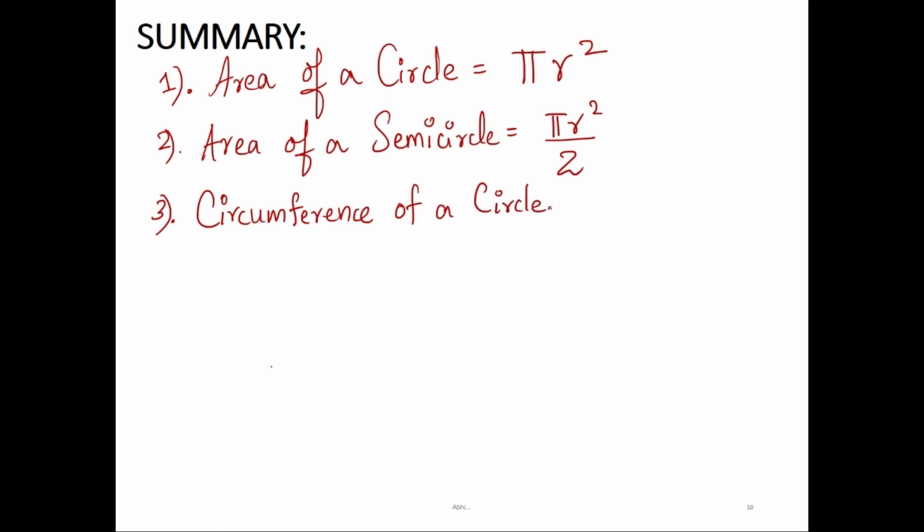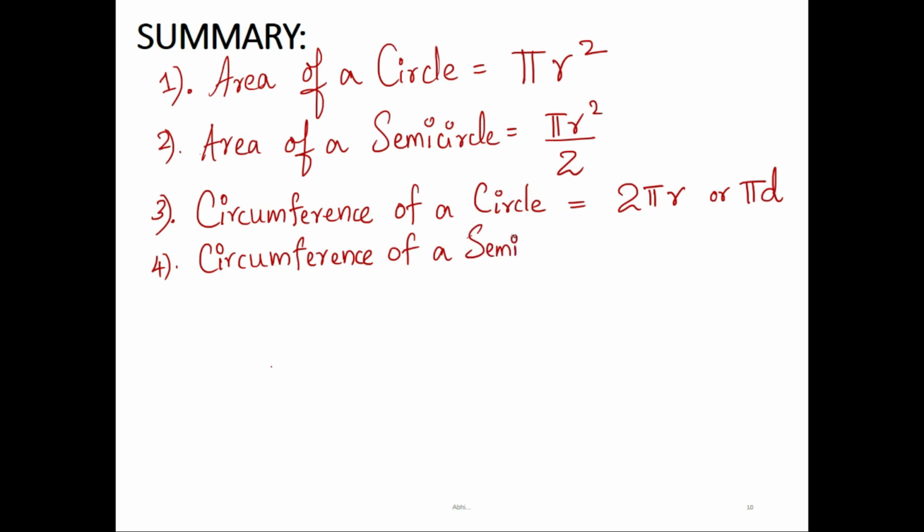Circumference of a circle, 2 pi r, or you can write pi d. Circumference of a semicircle, we are dividing this by 2, so it's pi r or pi d over 2.